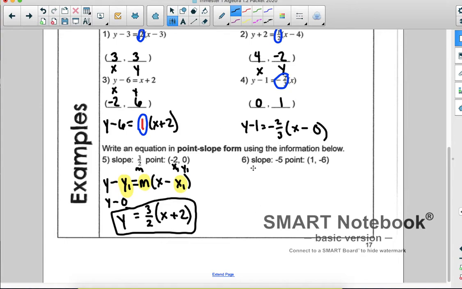Okay, and then again on this one it's y minus y1 equals m times the quantity of x minus x1. And we're going to change the numbers for this y1, m, and x1. So if we just did it in order, we'd have y minus, and we're going to think, what is the y from my point? Well, on the point, it always goes x, y.